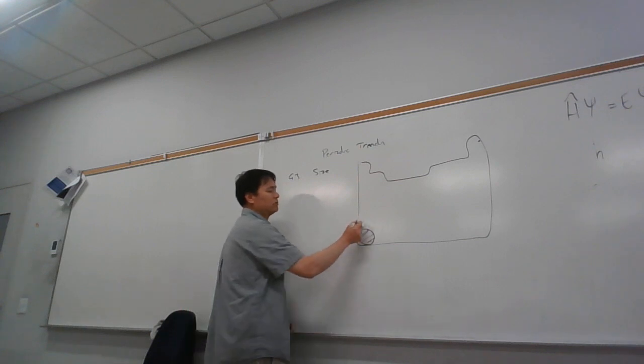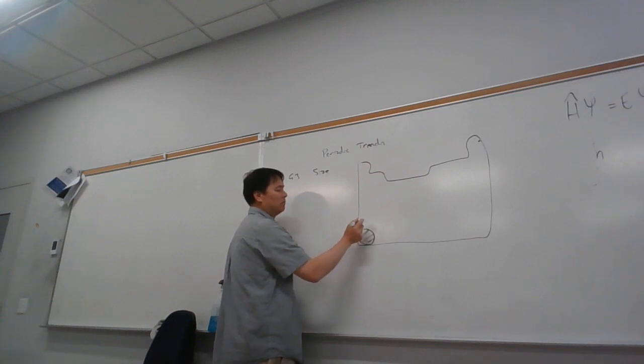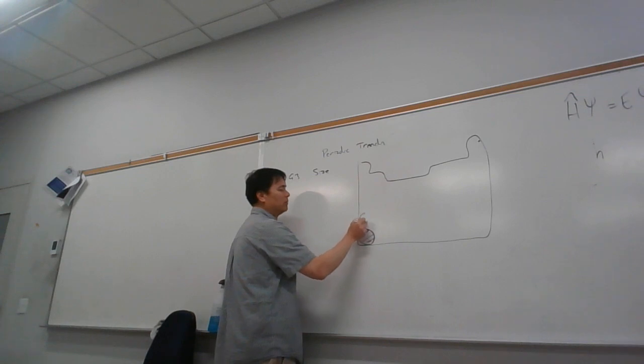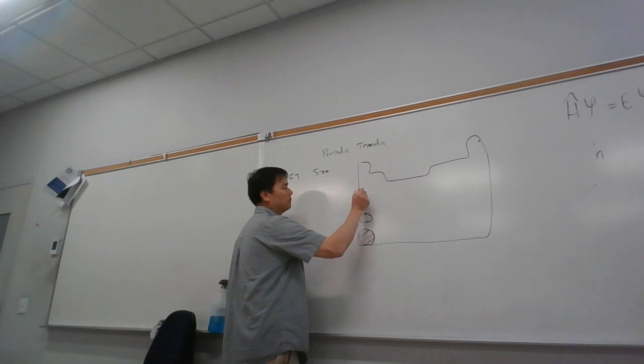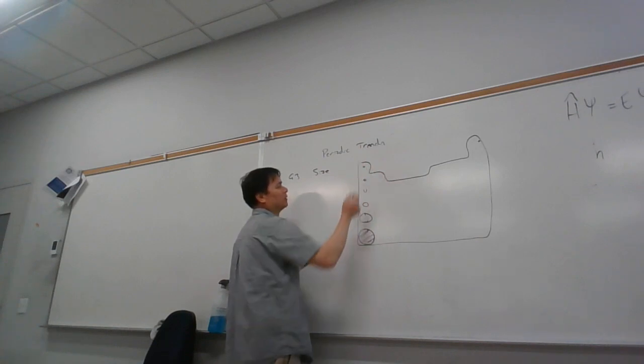Okay, then it goes smaller, like smaller than, let's say, francium, cesium, and then what? Rubidium, and then potassium, sodium, lithium, hydrogen. Is hydrogen bigger than helium or smaller than helium? Bigger.